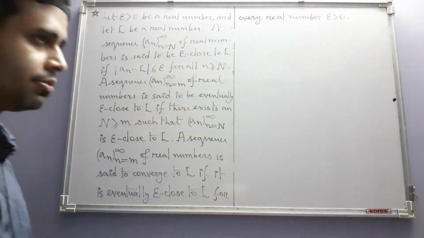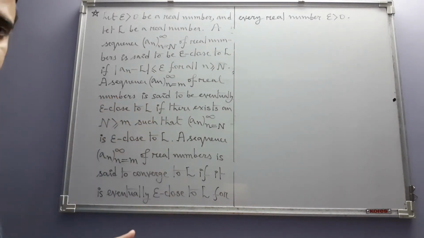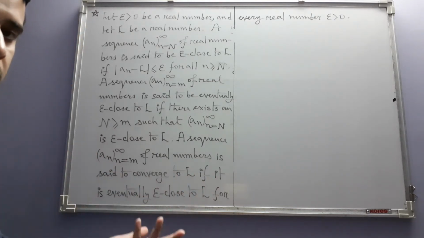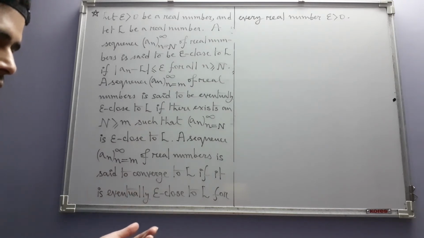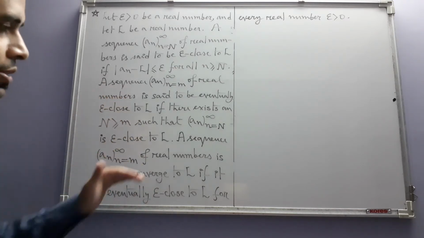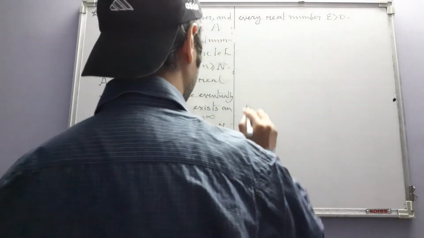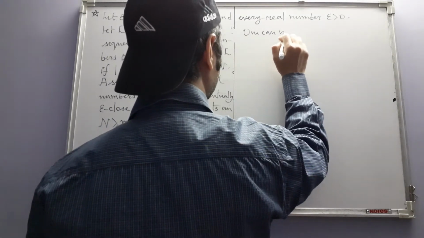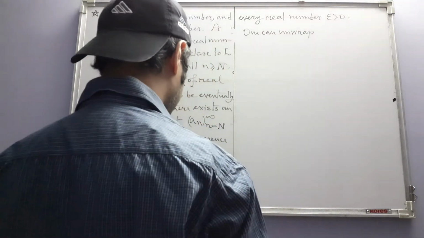And just like the definition of a Cauchy sequence, one can unwrap these parts, that is epsilon closeness, eventual epsilon closeness, and then convergence, and write a single definition which does not have these steps. That one can do. It's like unwrapping a Christmas gift.